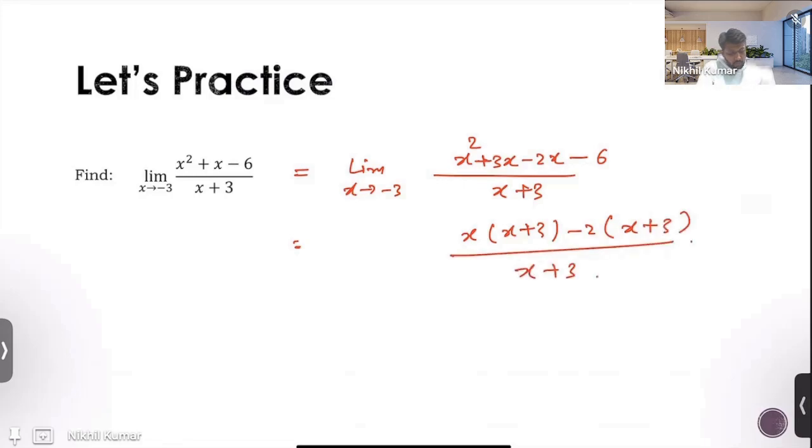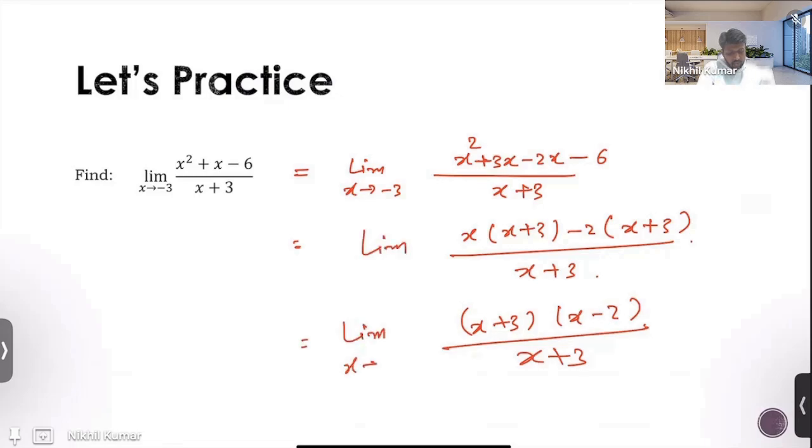This will give me (x plus 3) into (x minus 2) upon (x plus 3). Of course, limit x tending to minus 3, and these two will get cancelled.